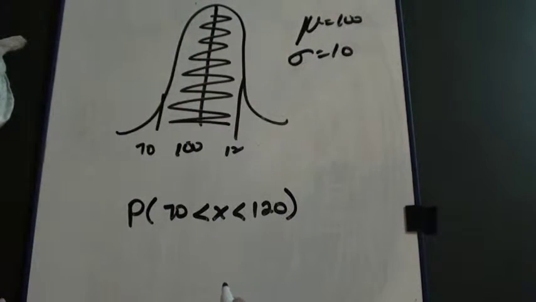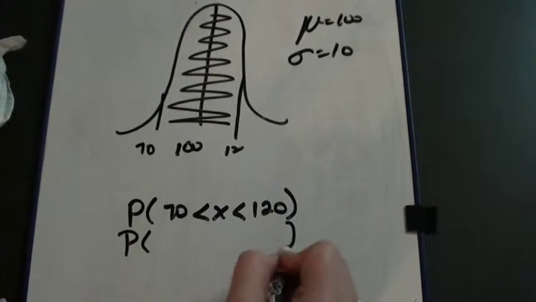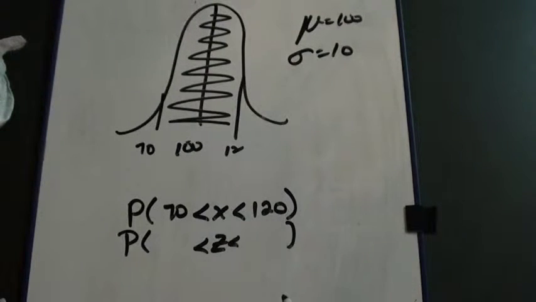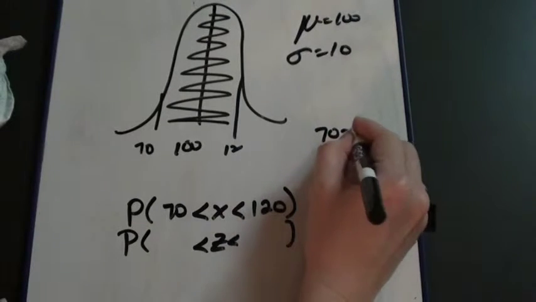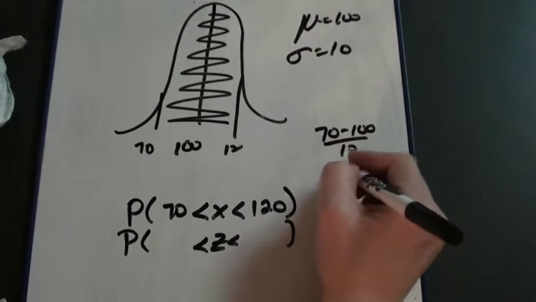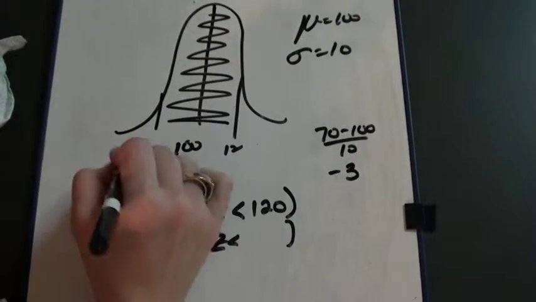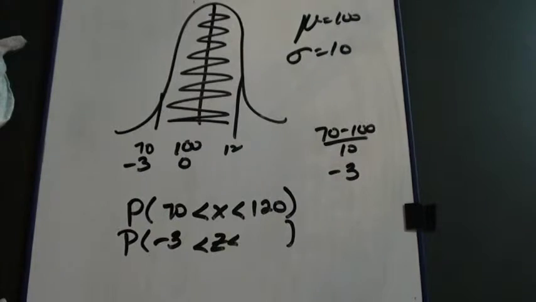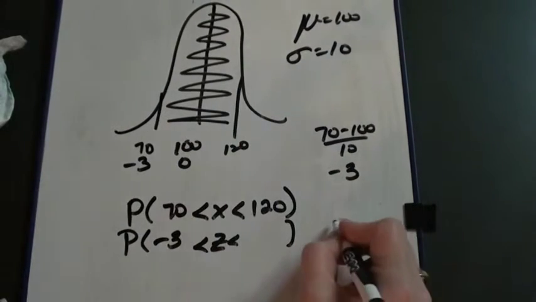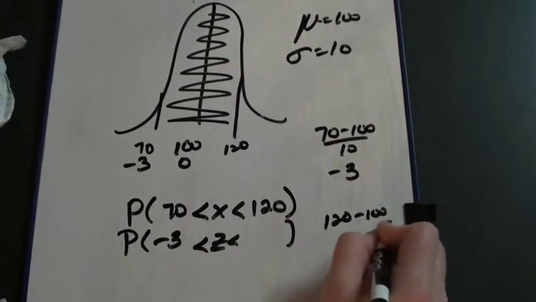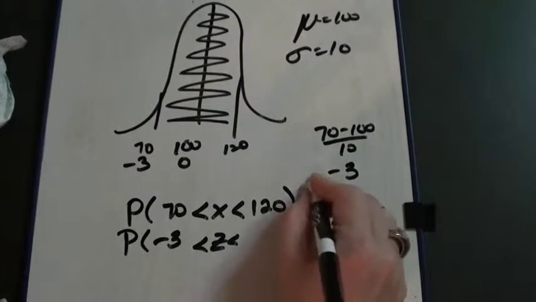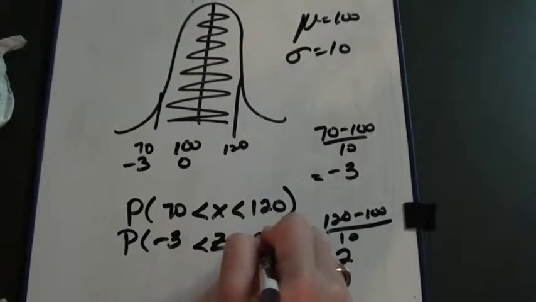As always, our first step is to convert our x values into z values. If we say 70 minus 100 divided by 10, you get negative 3. Then 120 minus 100 divided by 10, you're going to get positive 2.